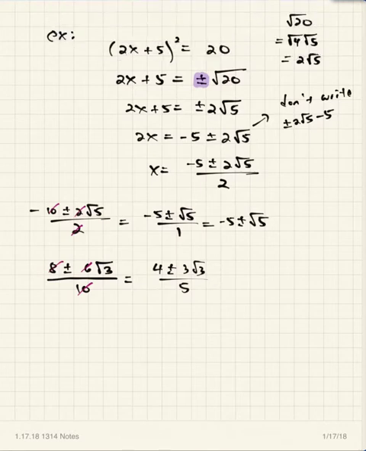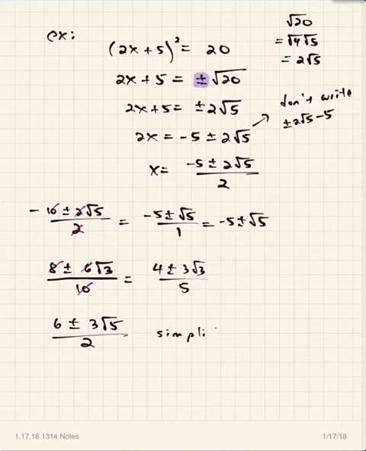So if we had 6 plus or minus 3 square root of 5 over 2, you see how the 2 is only common with the 6 and the 2. It's not with the 3 also. There's no common factor of 2 in that term at all. And so this is simplified.